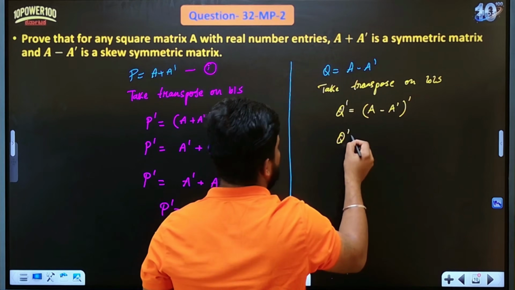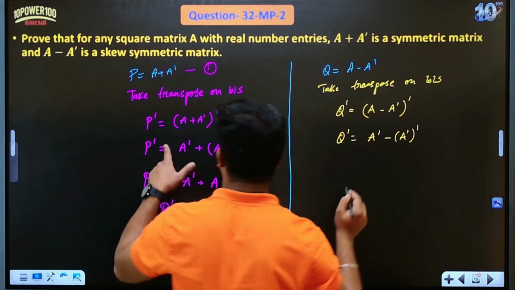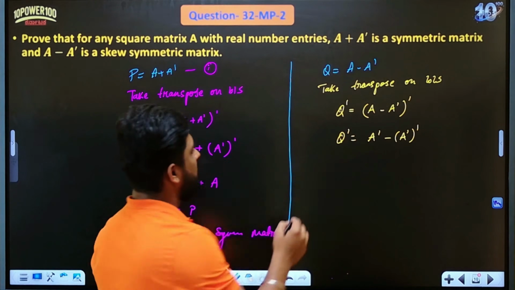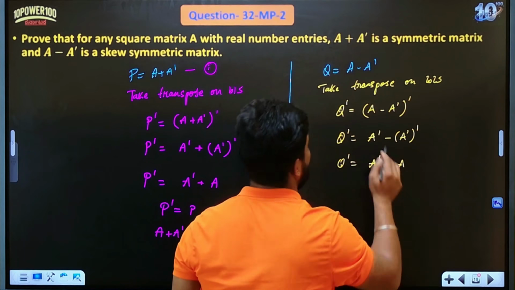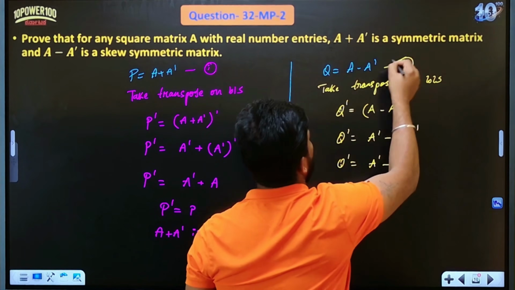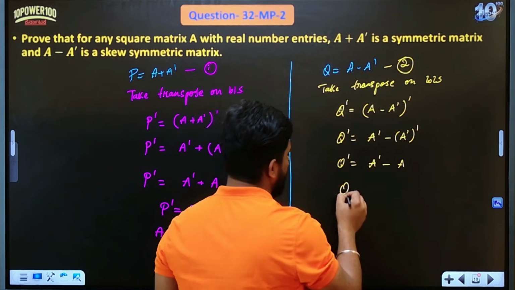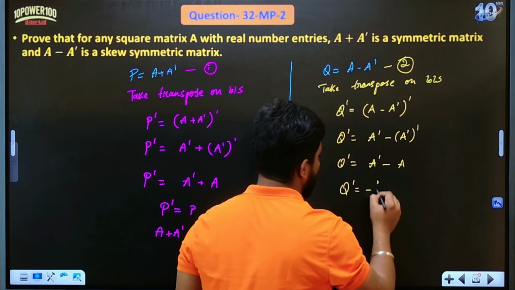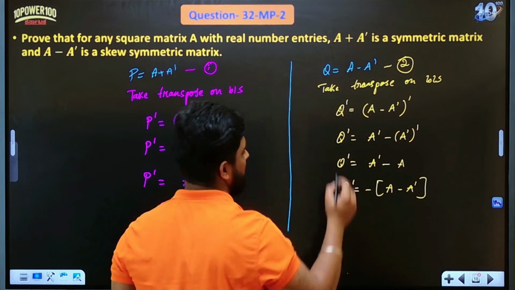So Q dash is equal to A dash minus A dash the whole dash. Whatever we did there, we write the same here. After that, Q dash is equal to A dash minus A. But in equation 2, children, look at this, it is A minus A dash. So take minus common. If you take minus common, Q dash is equal to minus of A minus A dash. That A minus A dash is nothing but Q.